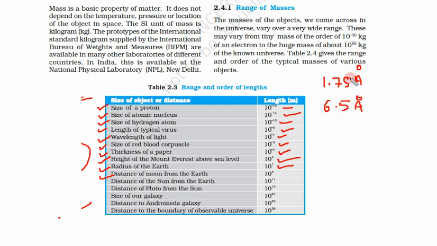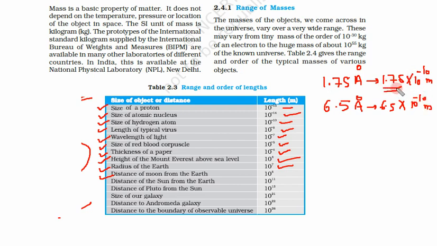What is their order of magnitude of length? We know this can be written as 1.75 into 10 to the power minus 10 meter, and this as 6.5 into 10 to the power minus 10 meter.